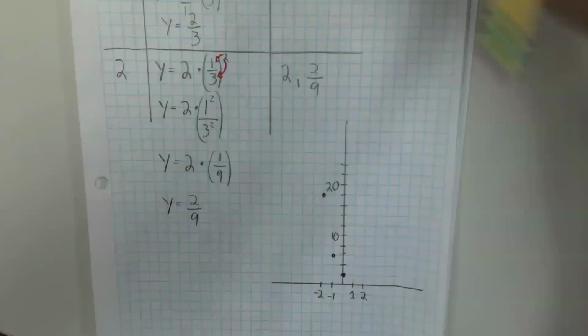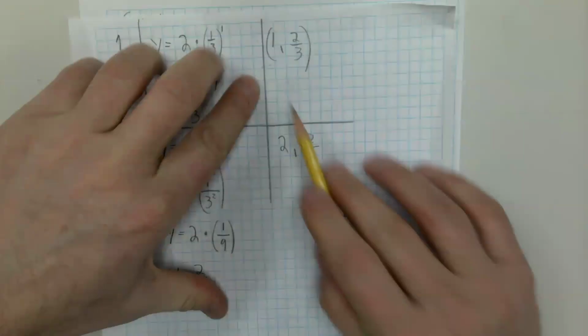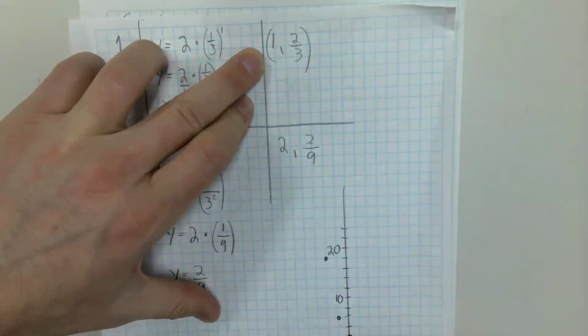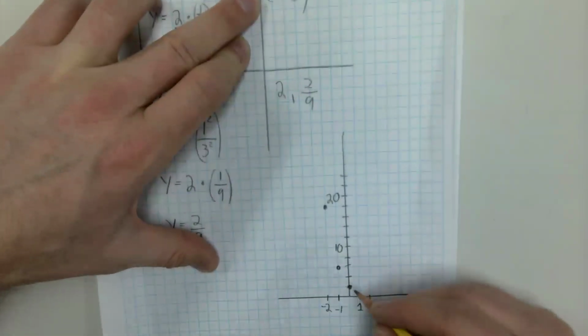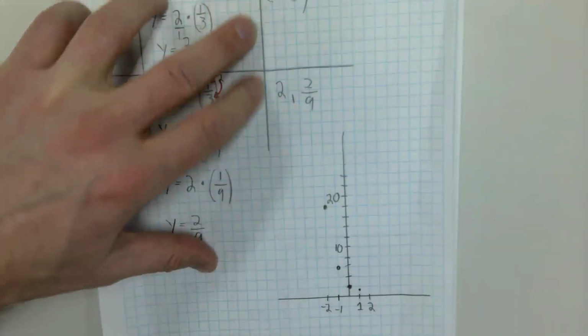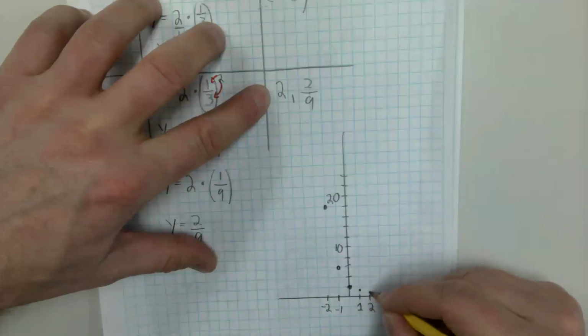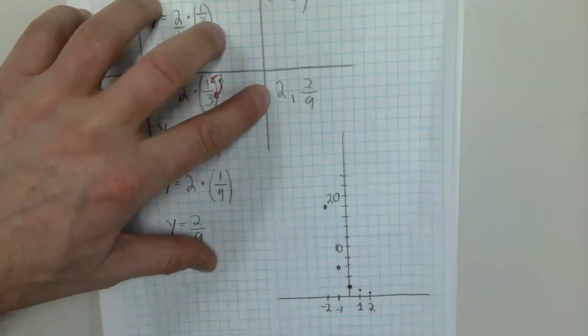My next point is 1 comma 2/3. It doesn't need to be super exact here. So 1 comma 2/3 is going to be somewhere there. And then my last point, 2 comma 2 over 9, is less than 1/3. So it's going to be somewhere down there.